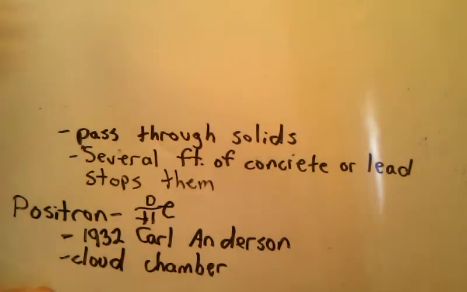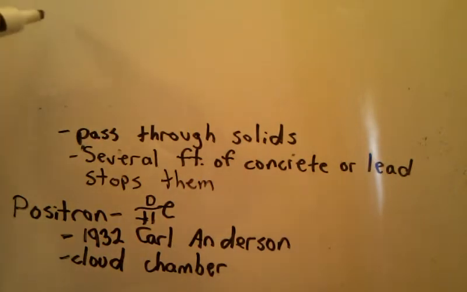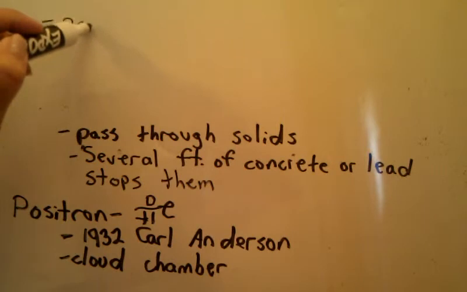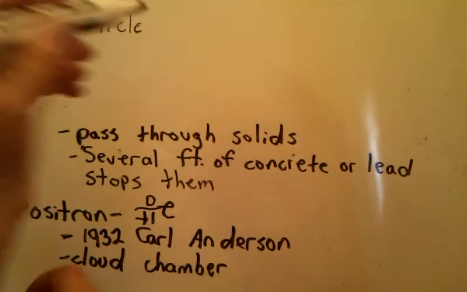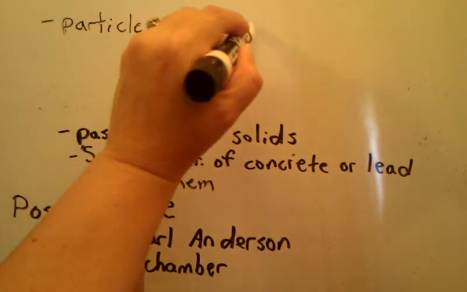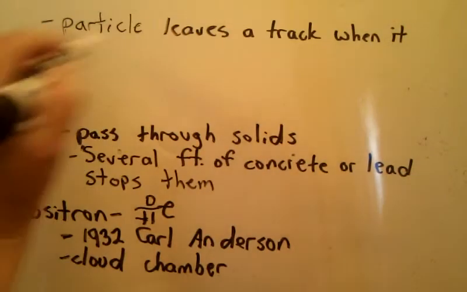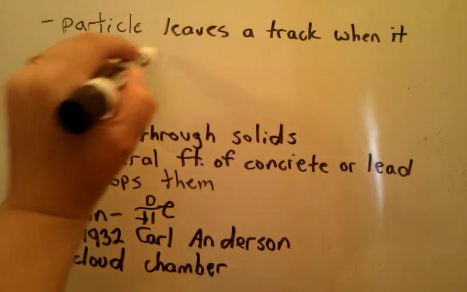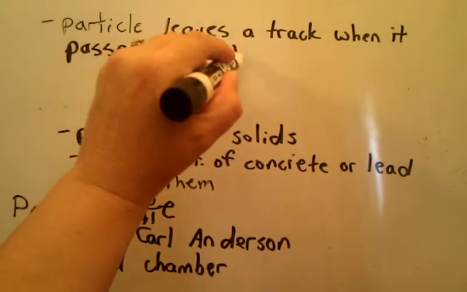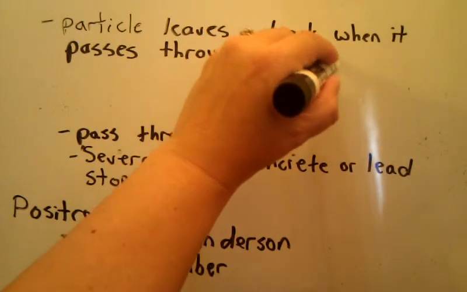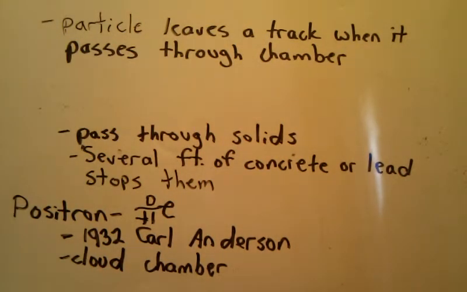And he said, with this cloud chamber, when a particle passes through the cloud chamber, it leaves a track. Okay, so the particle leaves a track when it passes through the chamber, and by studying the track, Anderson found evidence that this existed.